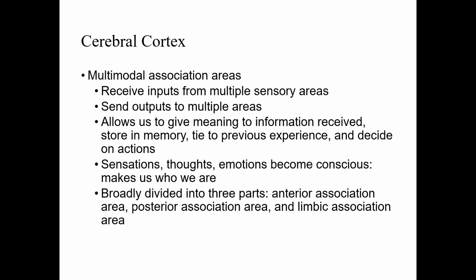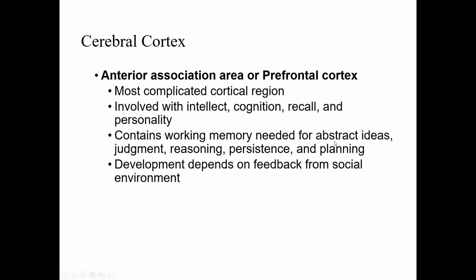Now, our cortex has three distinct areas. We have what's known as the anterior association area, the posterior association area, and of course, the limbic area. So we mentioned the limbic area already. So the anterior area is the prefrontal cortex. It is the front of the frontal cortex, the front of the frontal lobe. This is the most sophisticated and complicated region of all the cortices.